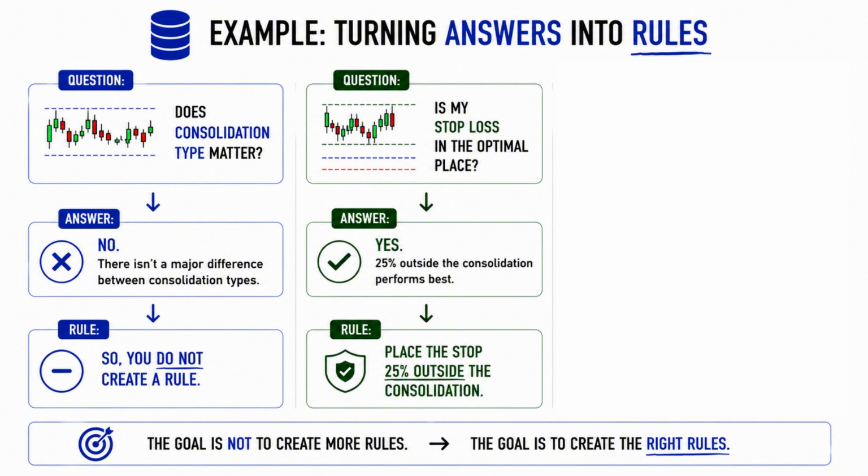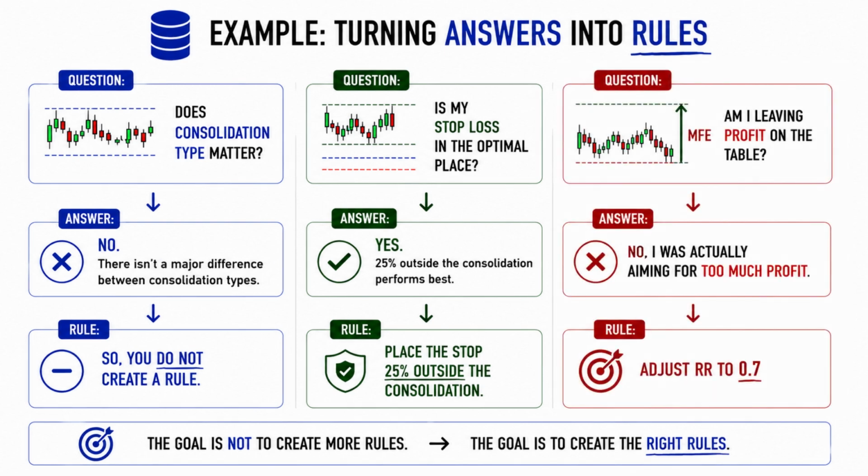Answer: yes. 25% outside of the consolidation performs the best. Rule: place the stop 25% outside of the consolidation. Question: am I leaving profit on the table? Answer: no, I was actually aiming for too much profit. Rule: adjust risk to reward to 0.7.